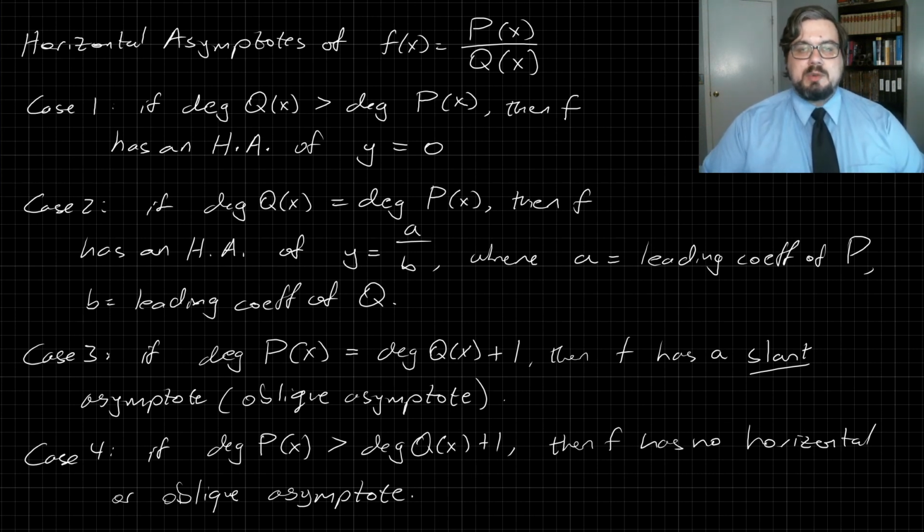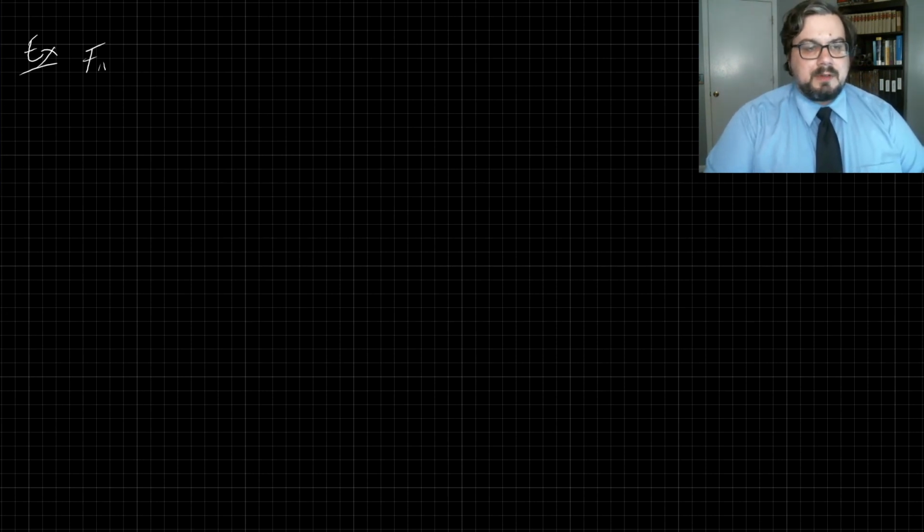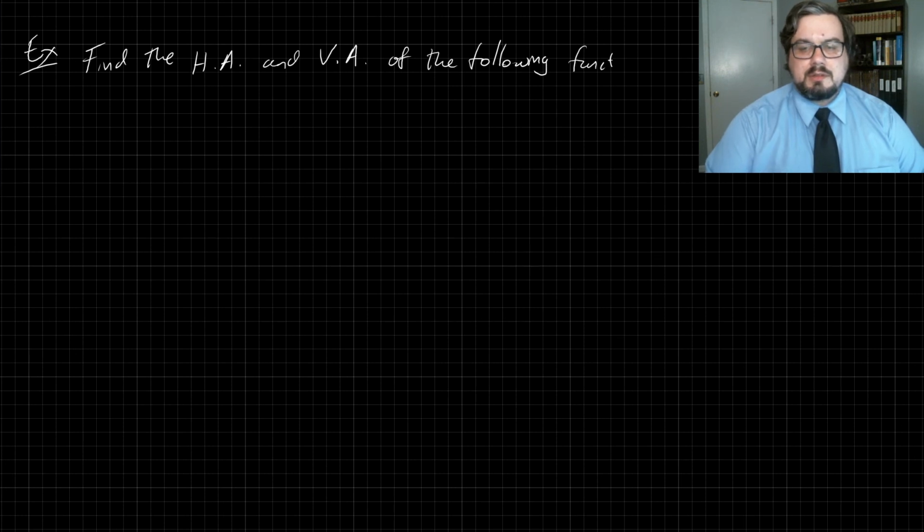So now let's do a couple of examples where we look at a rational function and identify its vertical and horizontal asymptotes. Let's find the horizontal asymptotes and vertical asymptotes of the following functions, and let's look at a few of them.